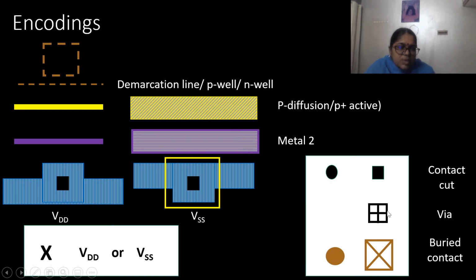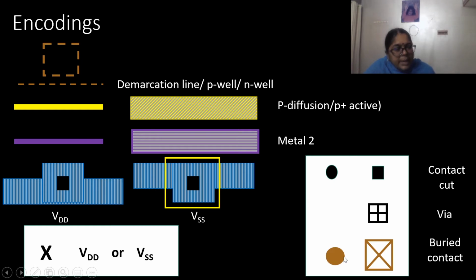There are different types of contact cuts or contacts that need to be used. A black dot indicates the contact cut on the stick diagram. A square box indicates the contact cut on the mask layout. Via or contact between metal 1 and metal 2 is indicated in this fashion in the mask layout.